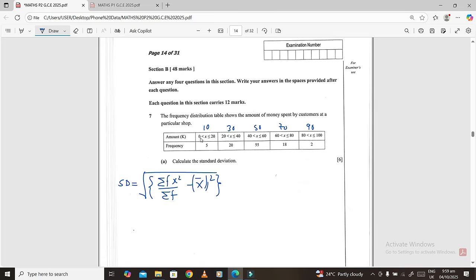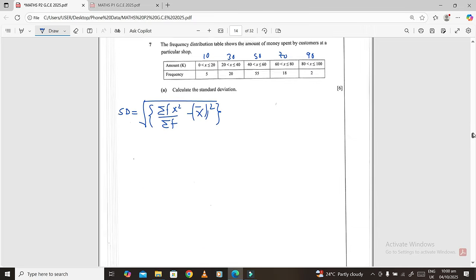The midpoint between 0 and 20 is 10, between 20 and 40 is 30, between 40 and 60 it's 50, between 60 and 80 that is 70, and between 80 and 100 that would be 90. If you don't know, you just add these two numbers and divide by 2. These divided by 2 give you 50. Add these, they'll give you 30 when you divide by 2.